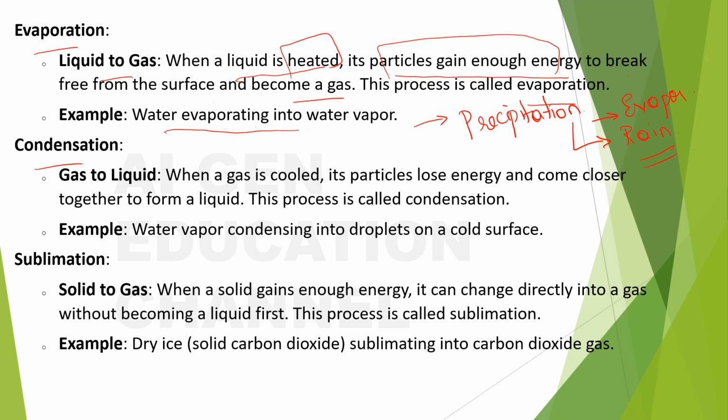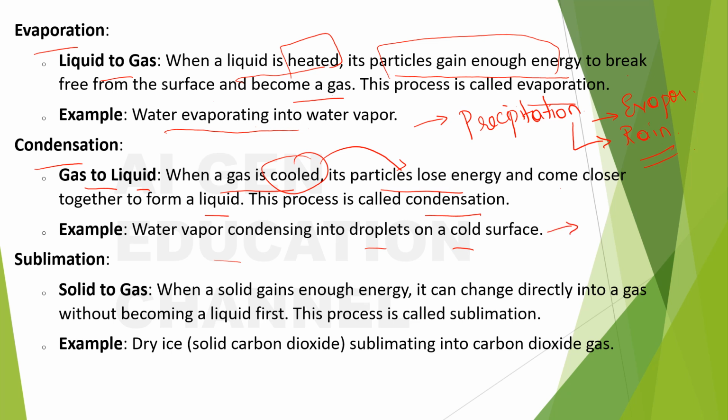Next is condensation. What is condensation? Gas to liquid. When a gas is cooled, its particles lose energy and come closer together to form a liquid. This process is called condensation. Water vapor condensing into droplets on a cold surface.